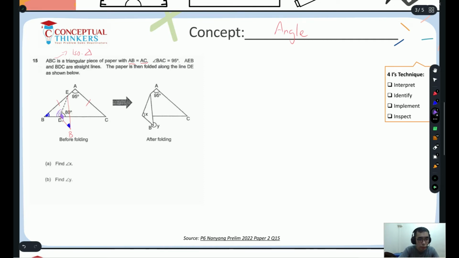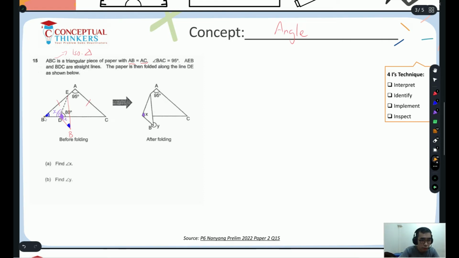So if we look at after folding, this angle X is exactly the purple shaded angle here. So this is my X. At this point, angle EDB is actually my angle X. I'm going to use a highlighter here.